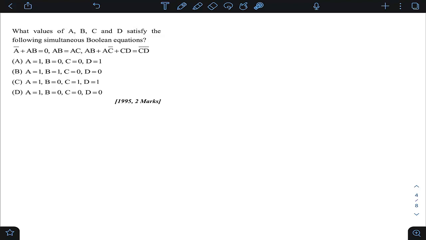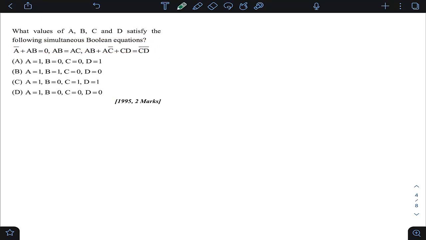The question is, what values of a, b, c, d satisfy the following simultaneous Boolean equations? The equations are: a bar plus ab equals 0; ab equals ac; ab plus ac bar plus cd equals cd whole complement. Based on these three equations, we are supposed to find the value of abcd.